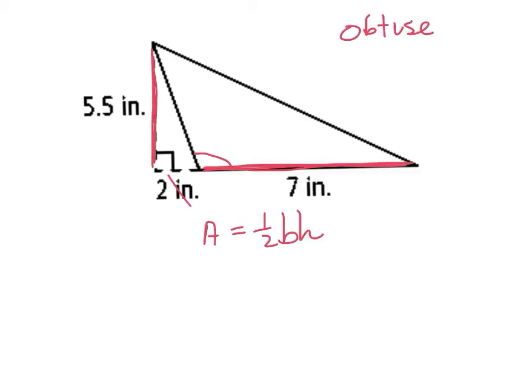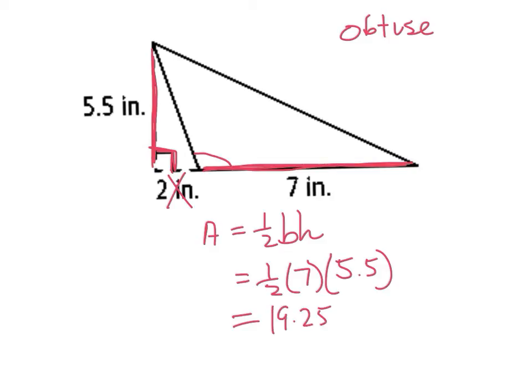So that 2 inches is extra information. So finding the area, it's 1/2 base times height, since those two dimensions are perpendicular to each other. When we multiply that together, we'll get 19.25 square inches for our area.